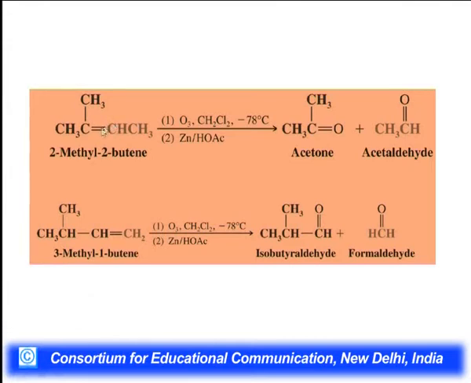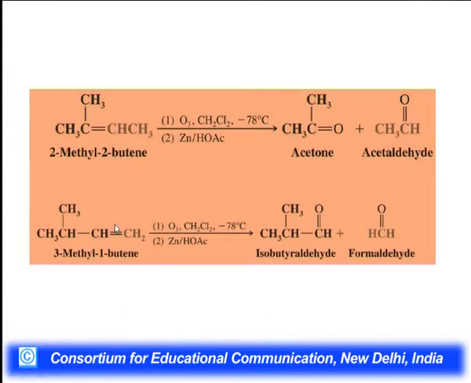Then we add oxygen to each fragment. This will result in the formation of acetone as well as acetaldehyde. Now, if I look at the next example, this is the simple way of doing it without going into the mechanism: whatever alkene you have, you break it at the double bond into two parts, each part containing a double bond to oxygen.